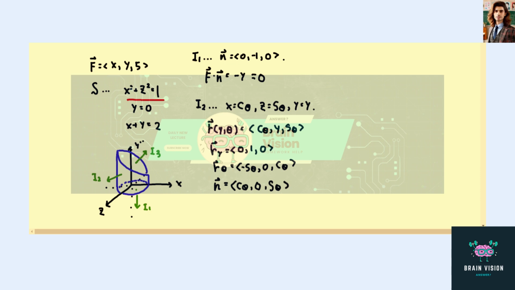Okay, F: x is equal to cosine theta, y is y, 5 is 5. So we know that F dot n is equal to cosine squared theta plus 5 sine theta.